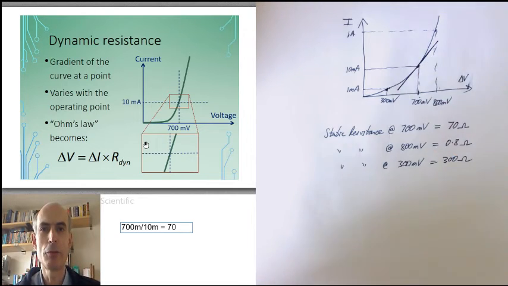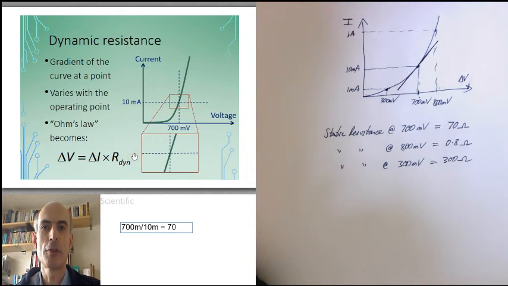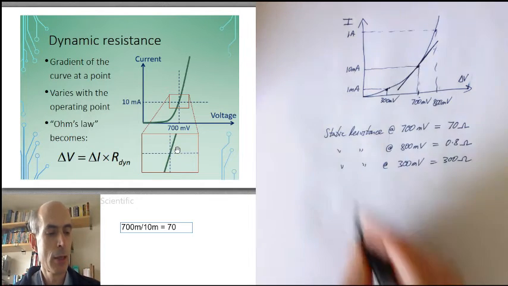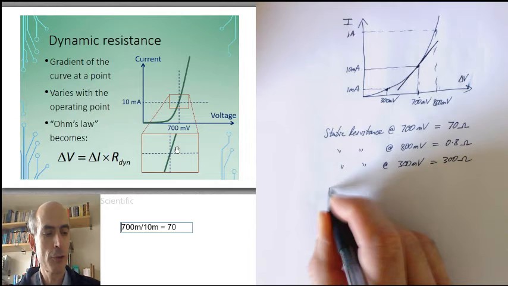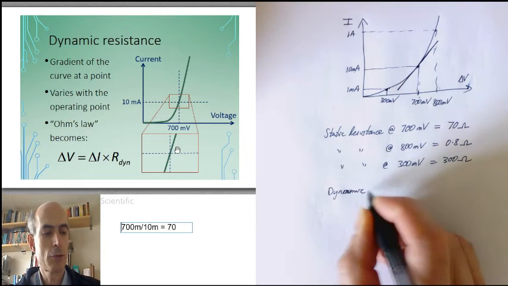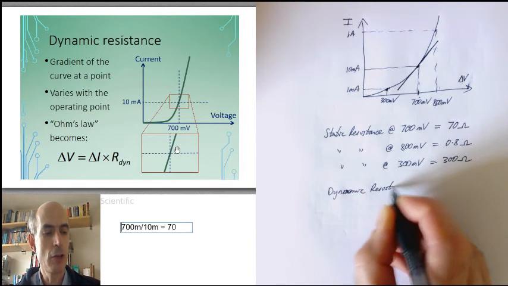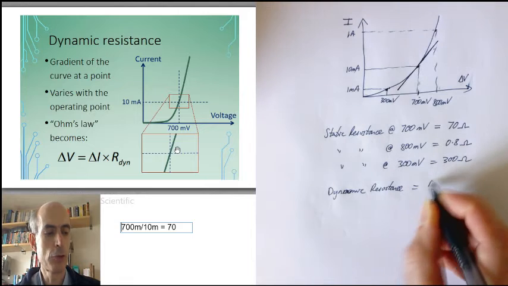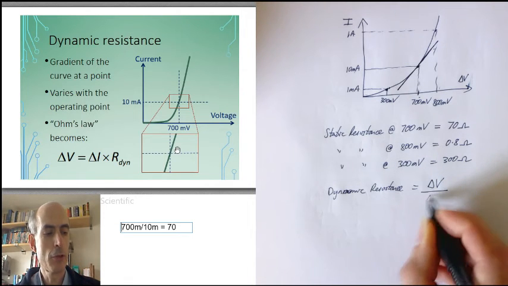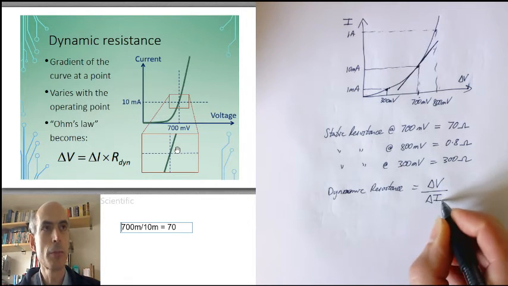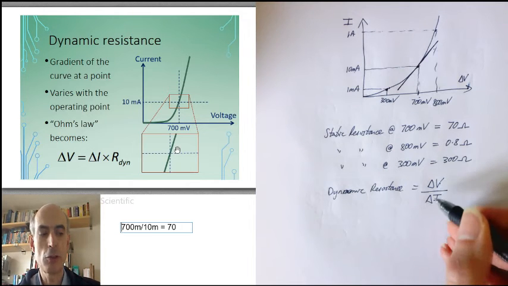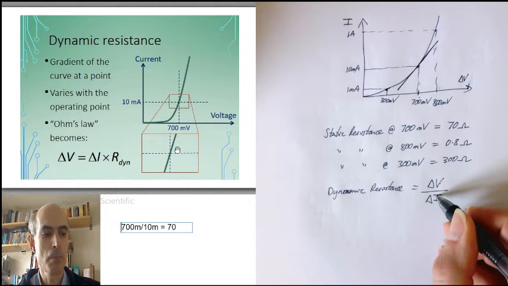So it's the dynamic resistance that is the constant when we're using the small signal approximation. The dynamic resistance is defined as the change in the voltage divided by the change in the current for a small change of voltage and a small change of current.